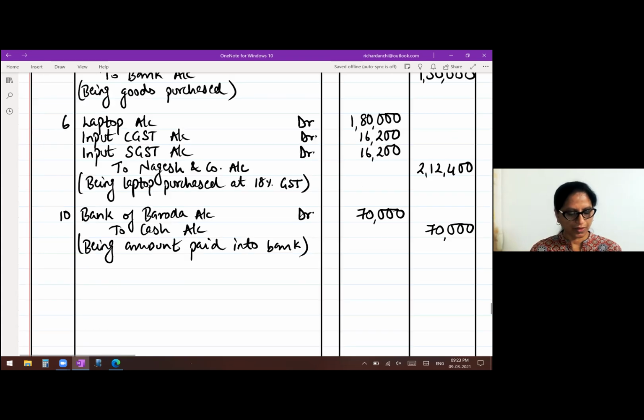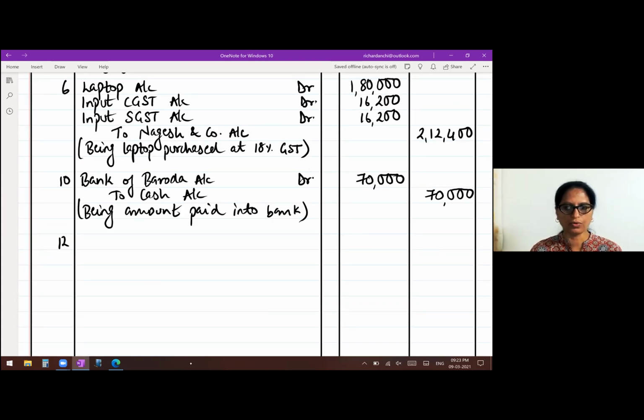Twelfth, paid for rent rupees 4,000 and commission rupees 3,000. Now rent and commission both are expenses, nominal account, so debit expenses, and they are being paid by cash because nothing else is said.